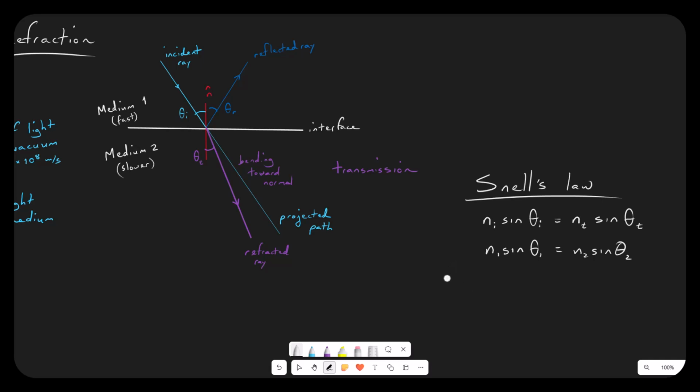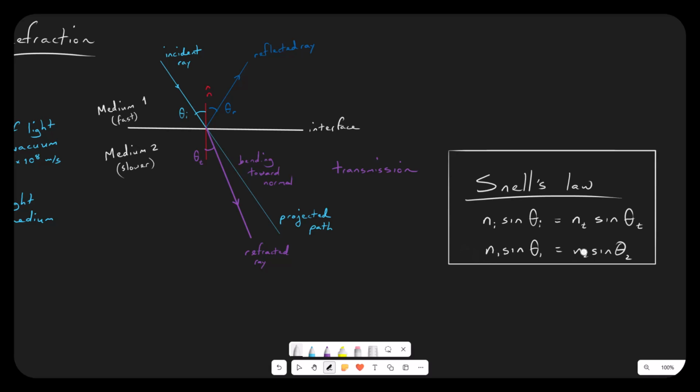Now it really matters that we're measuring off of the normal, because if we measure off of the horizontal, off the interface, then we come up with an equation that doesn't work, or it doesn't obey this equation anyway. So this gives us an equation that lets us make a couple of good calculations.